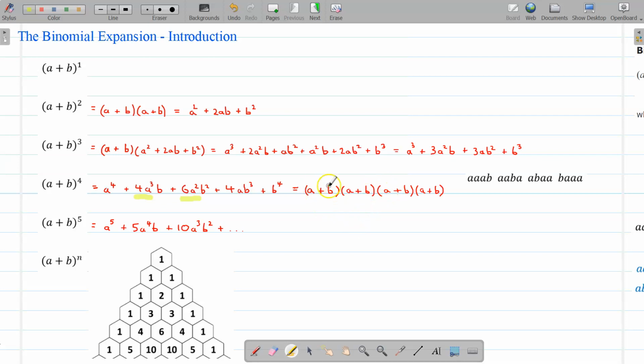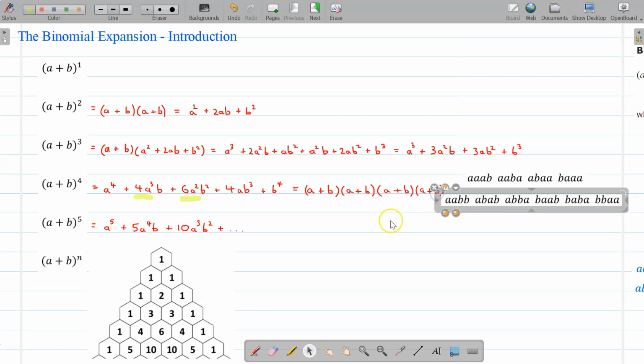Okay, so I could do an a b and an a b, or I could do an a b and an a, and so on. And what are the 6 ways? Well, I've listed them all here so you can see, and there they are. And that accounts for the 6 that we see in front of a squared b squared.